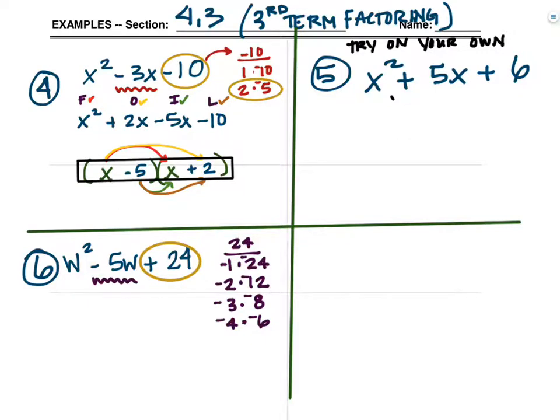When we take a look at this factor tree, we need to have two negatives multiplied together to multiply to a positive, but add to a negative. In 6, you'll notice that there's actually not a single pair which add to a negative 5. That tells me that this is a prime polynomial, which means it's not factorable.